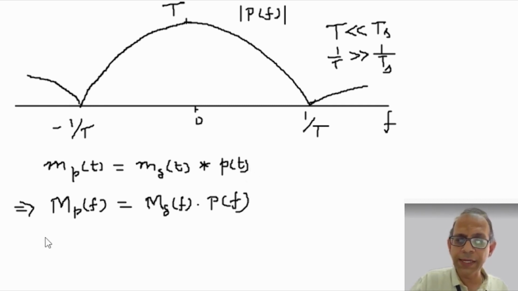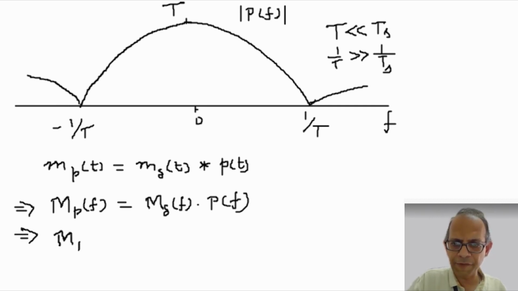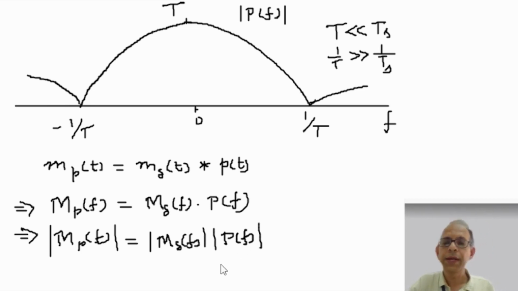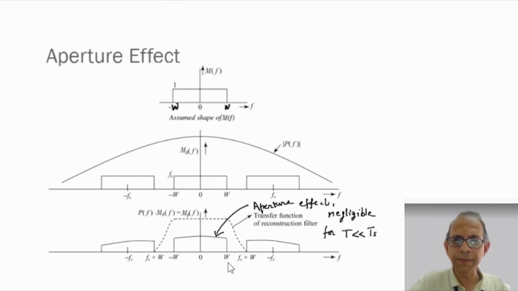Or if you are looking at just the magnitude, we'll take the magnitude of these. So |M_p(f)| is equal to |M_delta(f)| times |P(f)|, and the spectrum then looks like this.